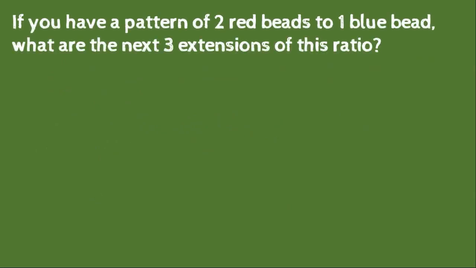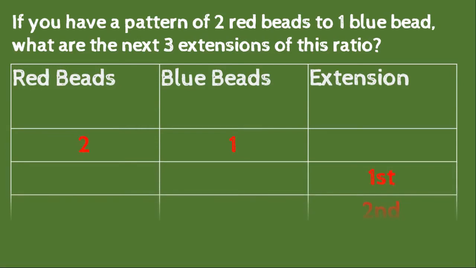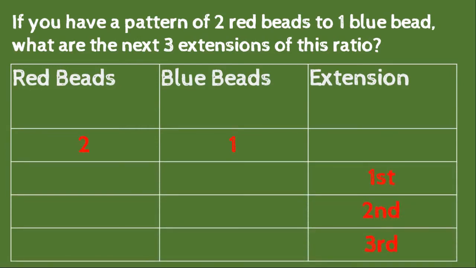If you have a pattern of 2 red beads to 1 blue bead, what are the next 3 extensions of this ratio? We put red beads in column 1, blue beads in the middle column, and the extension in the last. Again, we're given the first numbers, 2 red beads, 1 blue bead. The first natural extension would be to multiply 2 times 2, which equals 4.